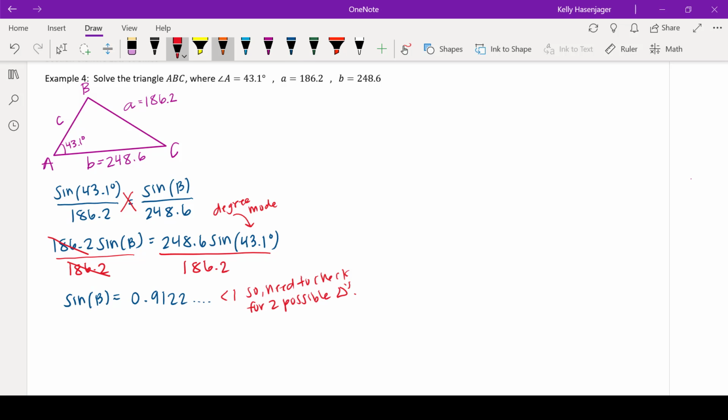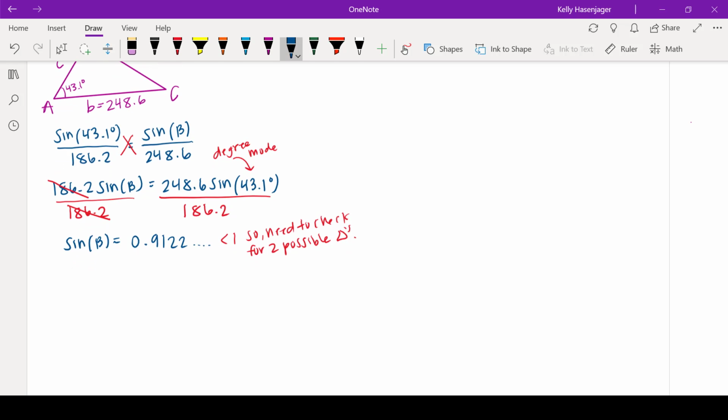Since that's less than 1, based on the notes in the previous page, we know we need to check for 2 possible triangles. So to find our first angle, B sub 1, we're going to take inverse sine of both sides of that equation.